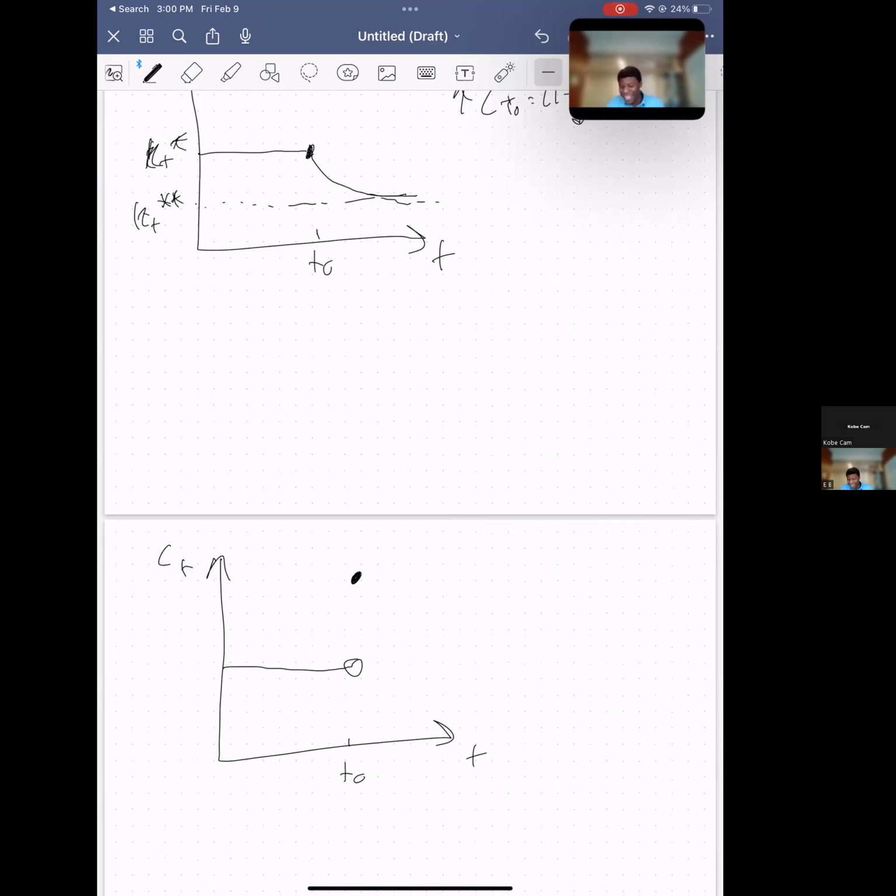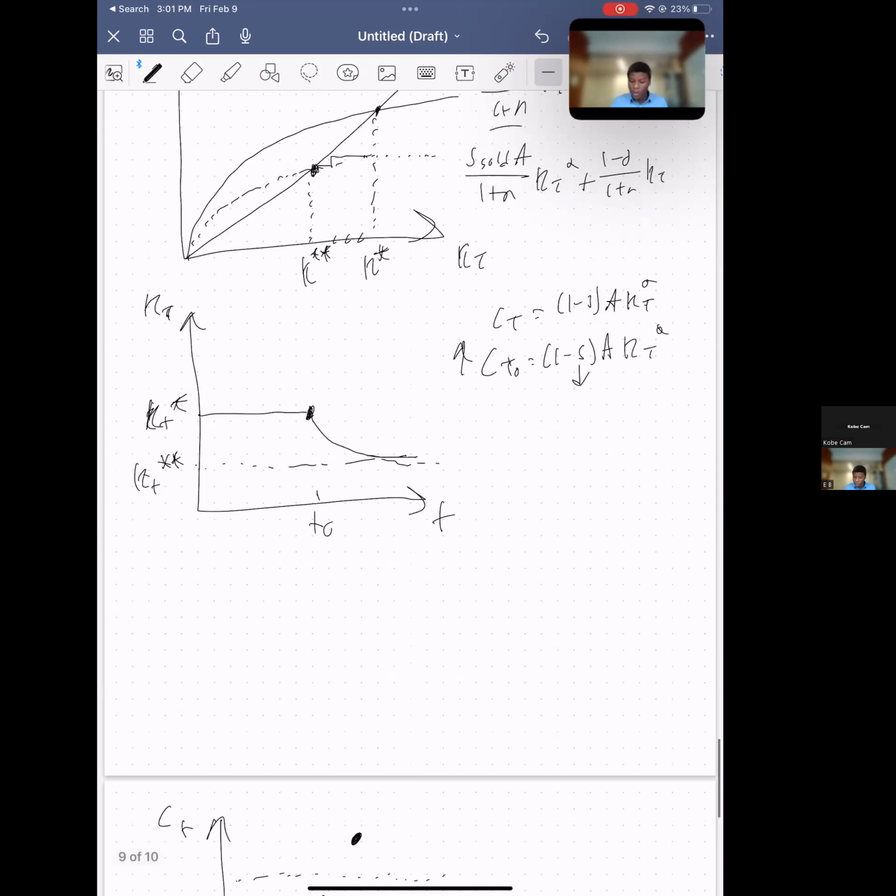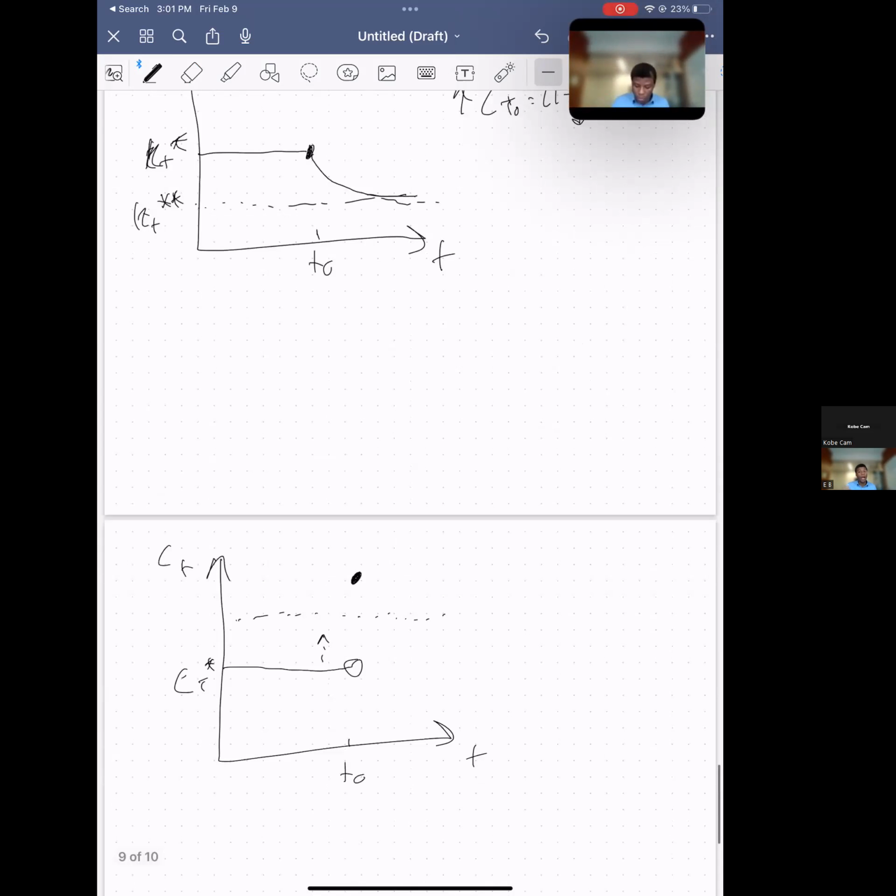We see that we should end at a consumption that is higher than where we started. Right? We should end with a consumption that's higher than CT, our initial steady state. Okay, but how much higher is the question, right? So should it be even higher than our jump? We made a little jump here. Should it be even higher than our jump, or should it be below our jump?